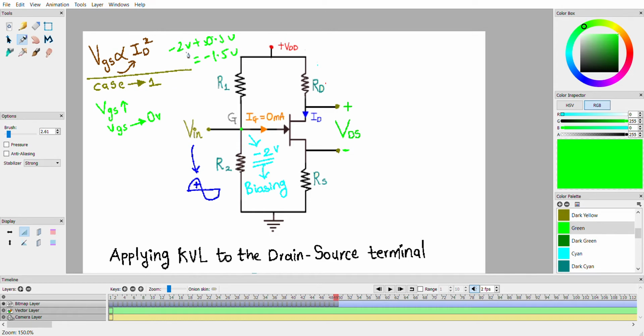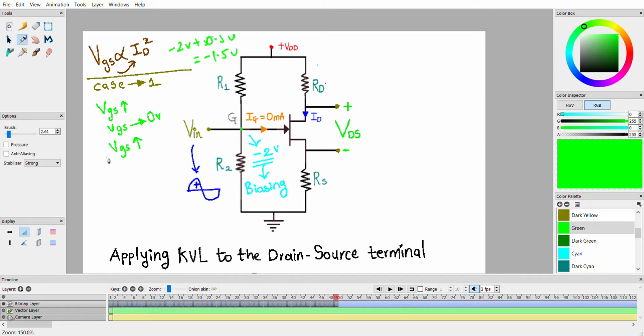Earlier our voltage was -2 volts, which we achieved by biasing, but due to the positive half cycle of the sinusoidal wave, it is -1.5 volts. So I can say that my VGS is tending towards 0, that means my VGS has increased. Obviously -2 volts is less than -1.5 volts, and -1.5 volts is greater than -2 volts, so VGS has increased.